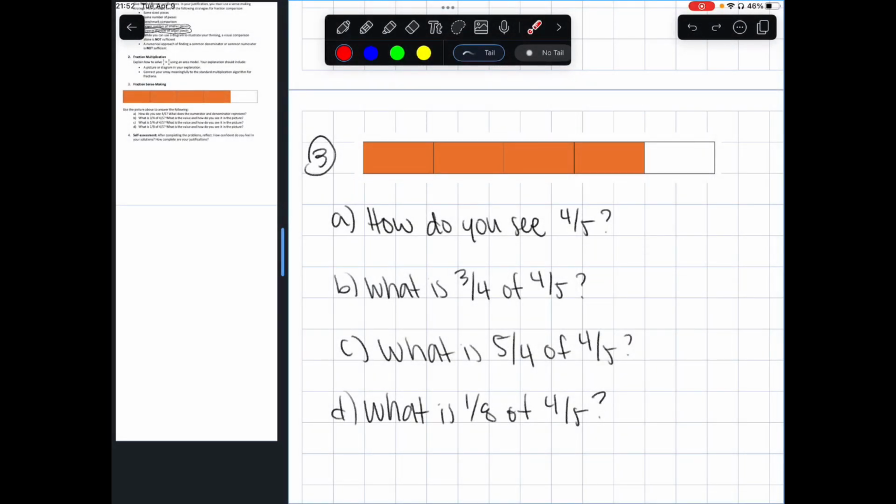So our question is, what is 3/4 of 4/5? And what is the value and how do you see it in a picture? So when I'm seeing 3/4 of 4/5, it makes me want to think of, let's take a little bit of this actually.